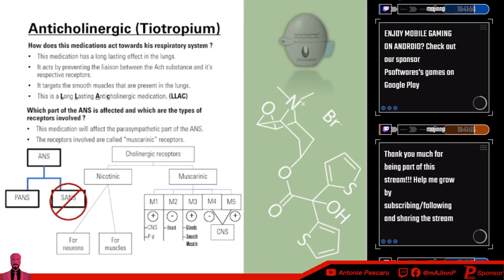With that being said, if we start at M1, it will mainly stimulate, and you'll find M1 in the CNS and in the parietal cells, inside of the lungs, more specifically the bronchi and the bronchioles, and so on.